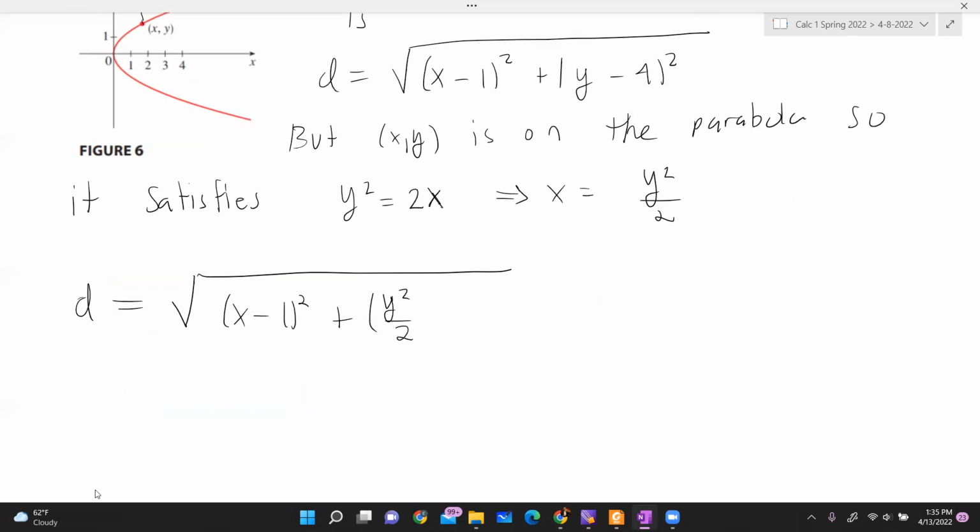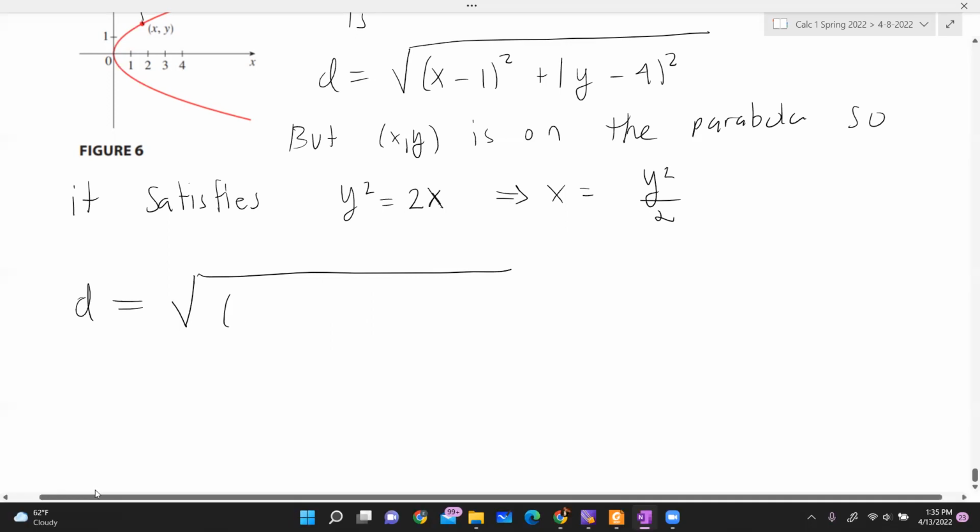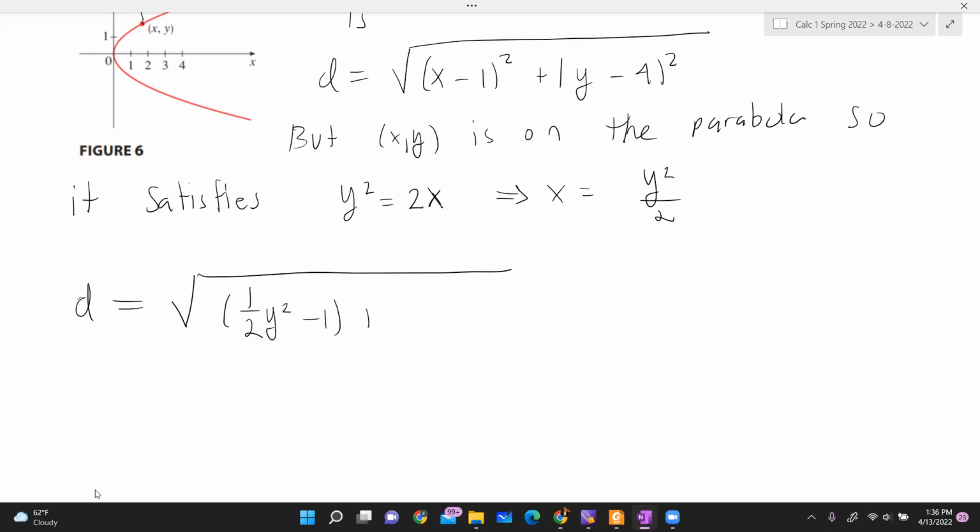Something's not right. I'm sorry. We solve for x, so we're going to write the distance between these 2 points solely in terms of y. So I had this x here, and I just plugged in y squared over 2 for it.